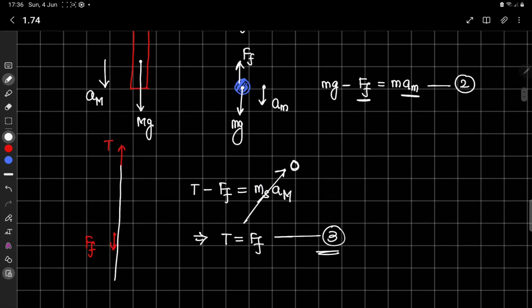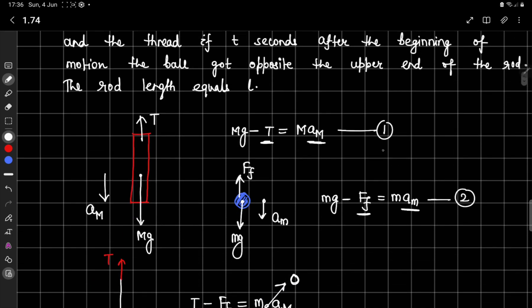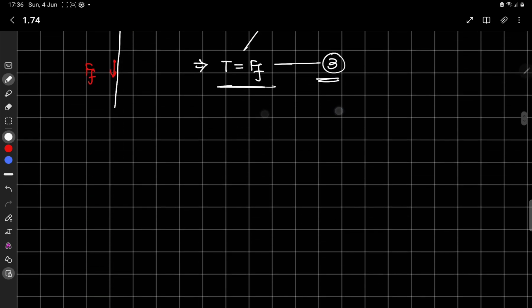Now we can substitute the third into the first equation, because finally we want the friction force. We can write capital Mg minus friction force is equal to capital M into A_M.